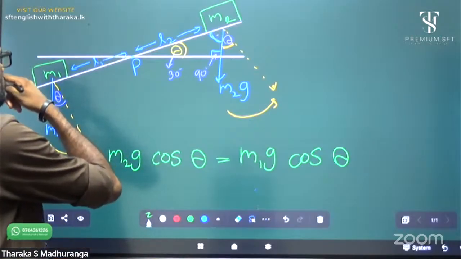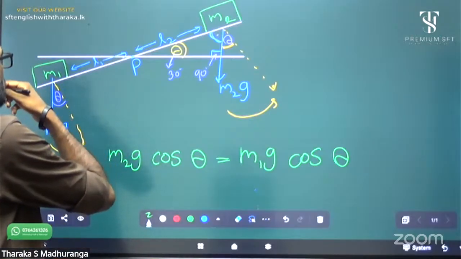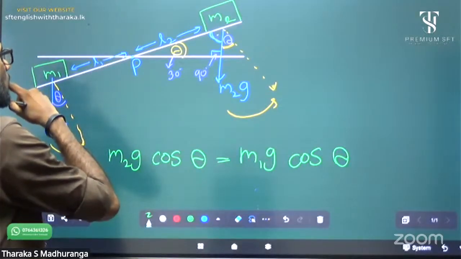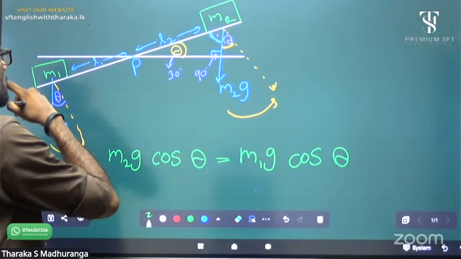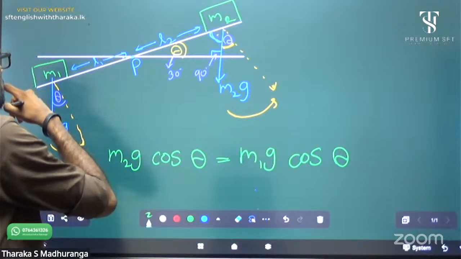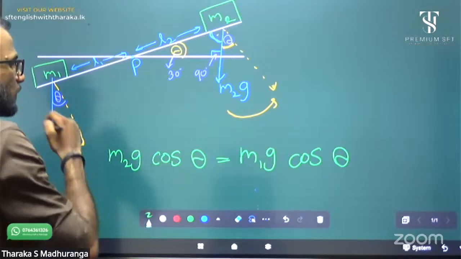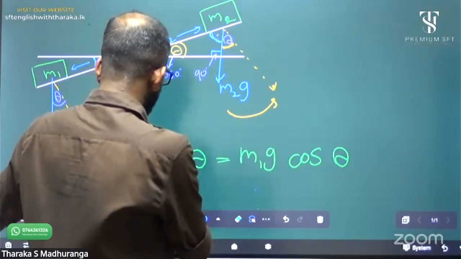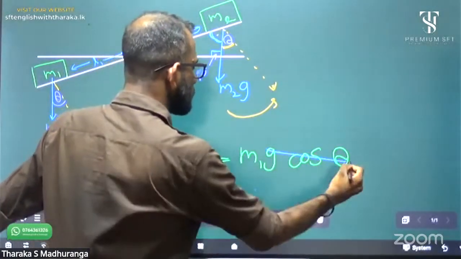Then G cos theta and G cos theta cancel out.